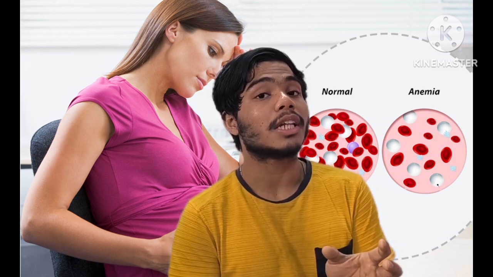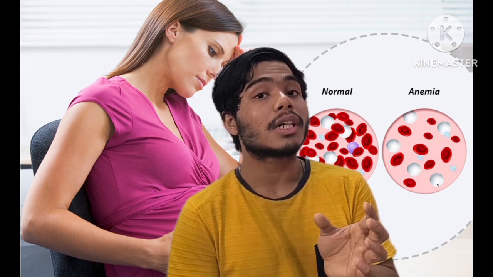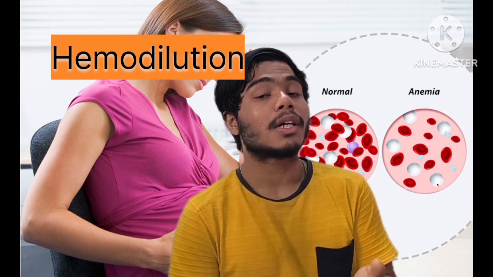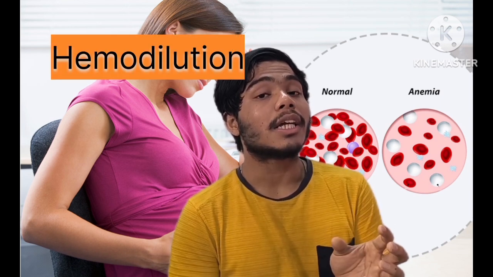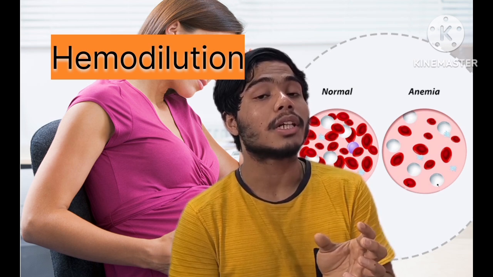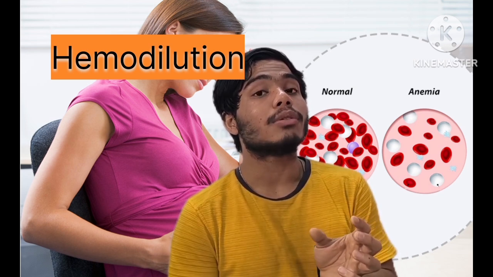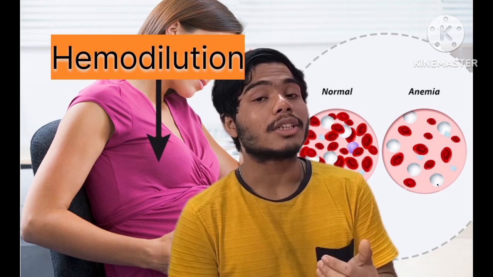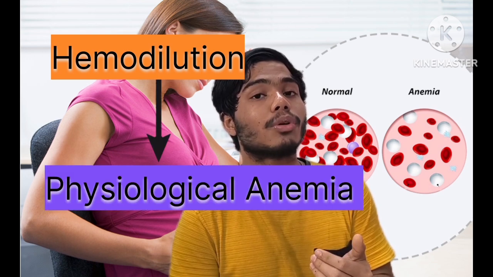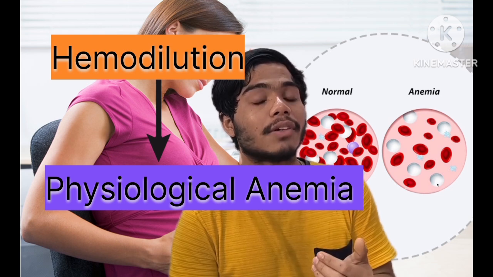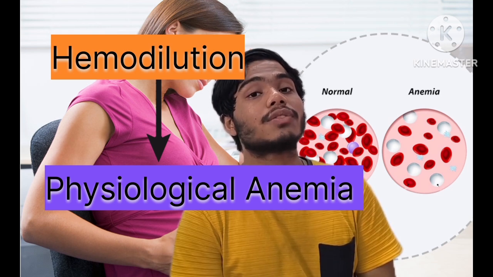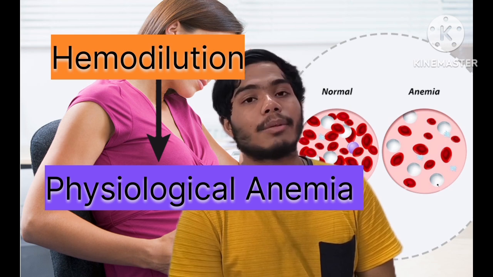So there is a relative decrease of RBC or hemoglobin with respect to blood plasma, and this relative decrease leads to a hemodilutional effect, and this hemodilutional effect leads to a decrease in hemoglobin or RBC level. This condition is known as physiological anemia during pregnancy.